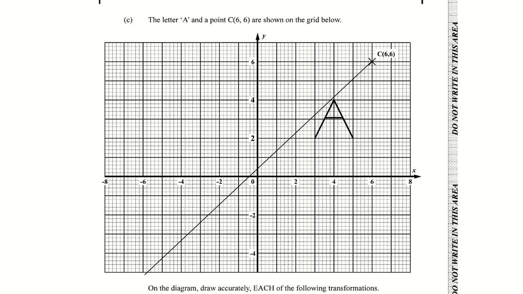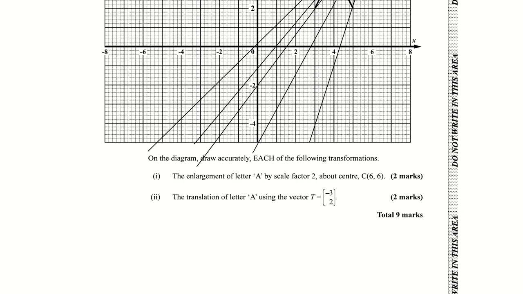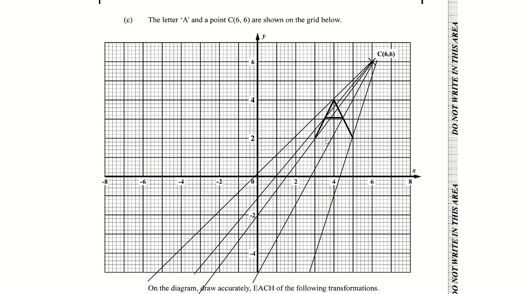We have this one here, then your center to this side here, then your center to this side here, then this side, then this side. Now, the distance from this line to this line is 1, and because it's a scale factor of 2, we're looking for something that is 2 units apart.